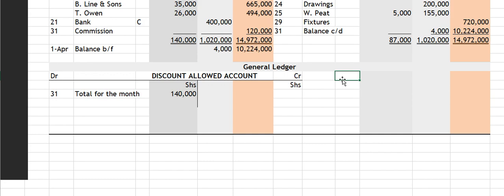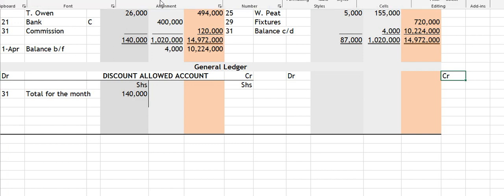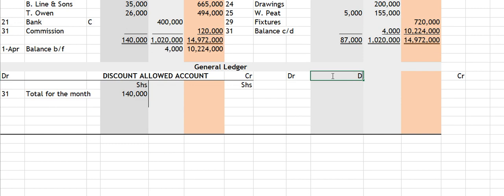Of course, I also prepare the discount received account. Discount received, these are incomes to the business. So that will appear under other incomes in the statement of profit and loss.